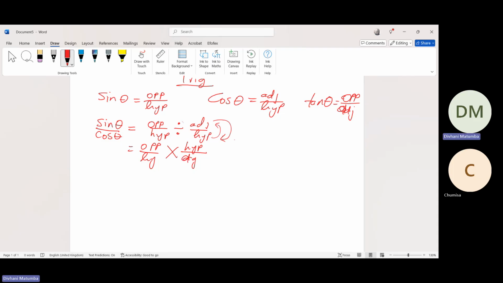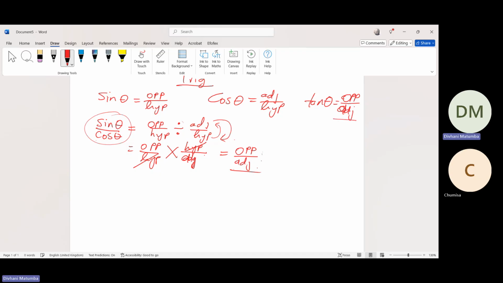Here you can cancel hypotenuse and hypotenuse, so you are left with opposite over adjacent. So sine theta divided by cos theta will give you opposite over adjacent.